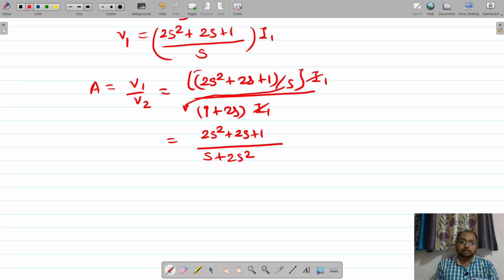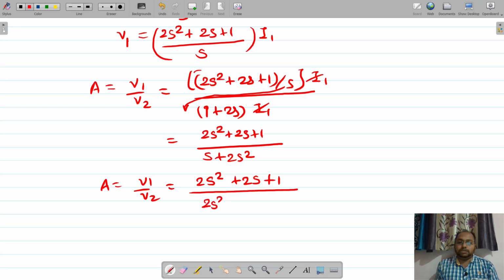So this is nothing but our A. A is V1 by V2, equal to 2s square plus 2s plus 1 divided by 2s square plus s. So this is our first ABCD parameter.